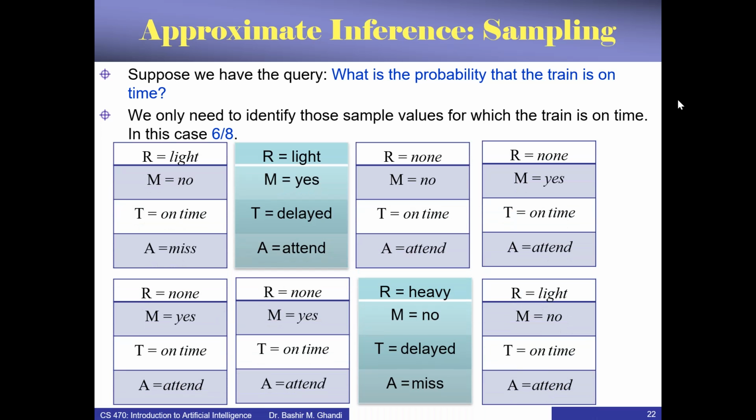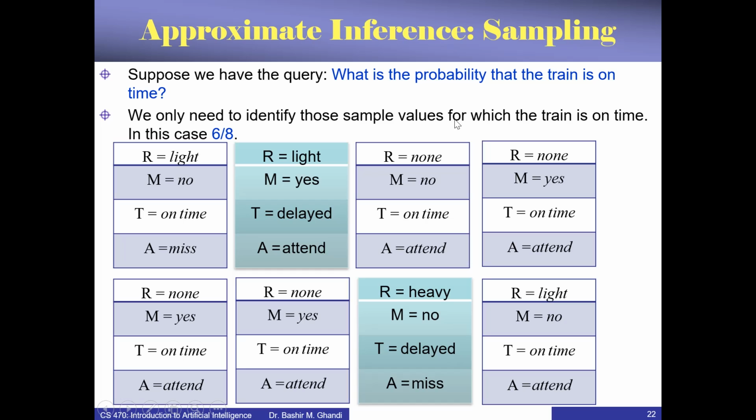Now these are the 8 samples again. If you look, in 6 of them the train is on time. On time, on time, on time, on time, on time. Only 2 of them, the train happened to be delayed.